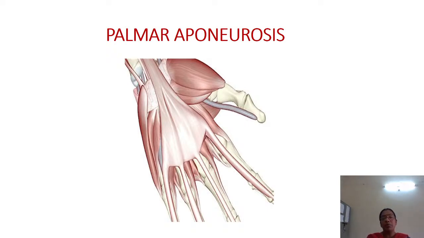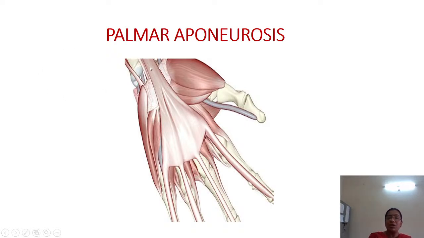Morphologically, it is a degenerated tendon of insertion of the palmaris longus tendon. I have said that one tendon which passes beneath the flexor retinaculum is the palmaris longus tendon.